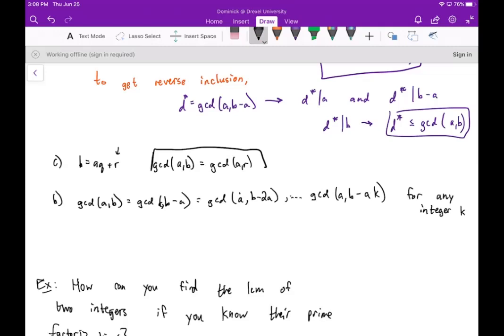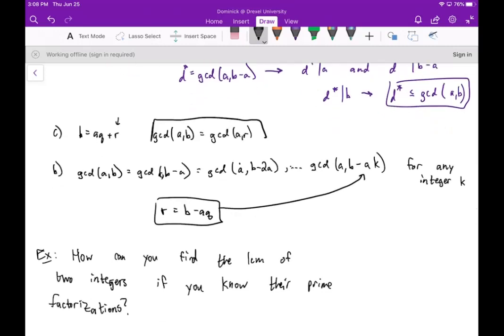B minus AK, right, although K could be any integer, and if K was negative, could make that positive. Now, since we have that R is equal to B minus AQ, we can now substitute that into here and we're done, right? Then we get that the GCD of A comma B is the same as the GCD of A and R.